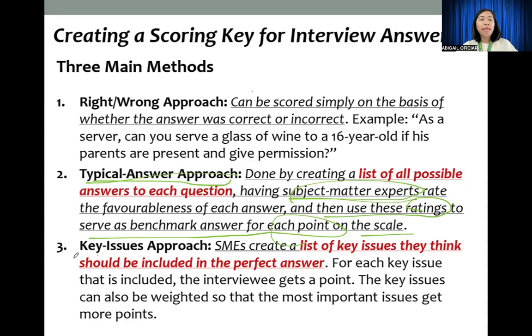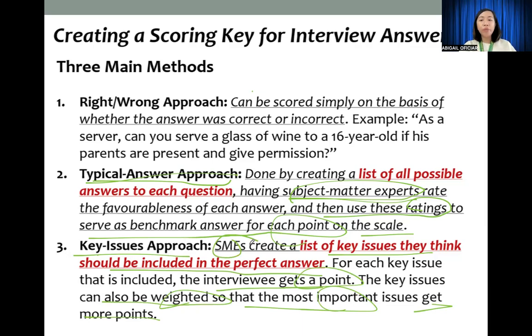So we don't know really kung alin doon ang pinaka the best unless the subject matter experts will look into those answers. Then number 3, key issue approach, where the SMEs create a list of key issues they think should be included in the perfect answer. For each key issue that is included, the interviewee gets points. The key issues can also be weighted so that the most important issues can get more points. So here, the SMEs are the main people in charge of this.